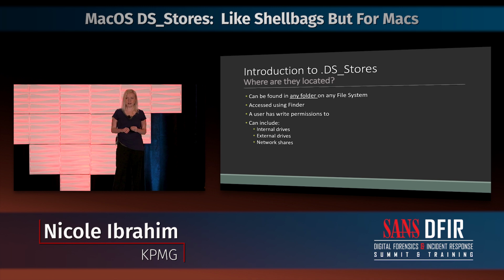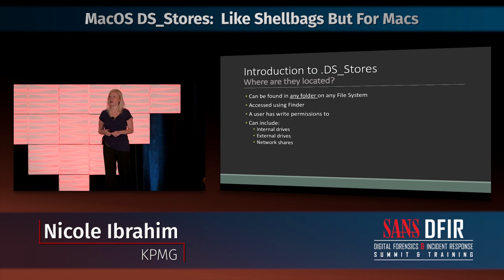Essentially, let's say, for example, we have a Windows SMB share, and we connect to it using our Mac computer, and we start accessing folders, and we have write access to those folders. DS_Stores will get created in those folders. Even though Windows doesn't do anything with them, Mac does.